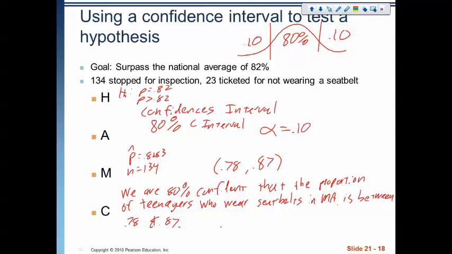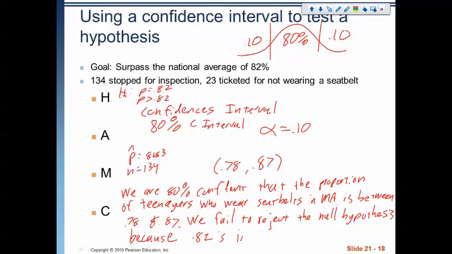It does, which means we fail to reject the null hypothesis because 0.82 is in the interval.